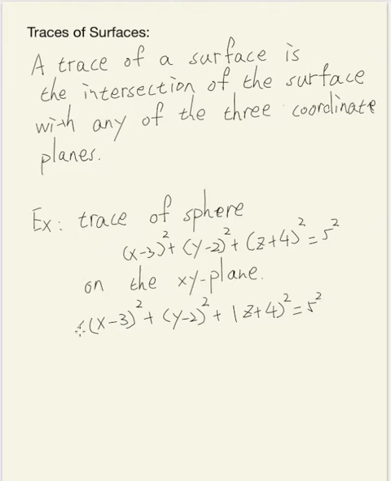And then the second equation, z equals 0, because the xy plane is characterized by z equals 0. Alright, so every point on this trace satisfies these two equations.